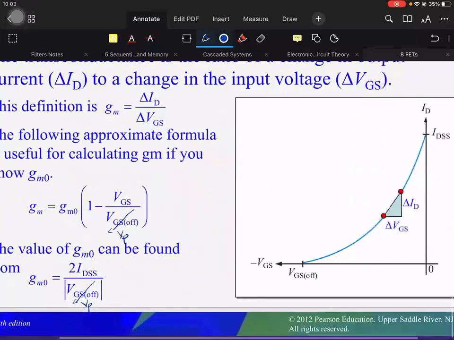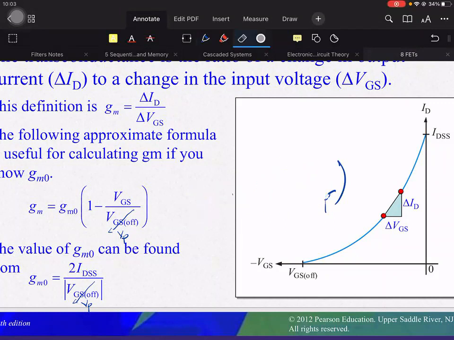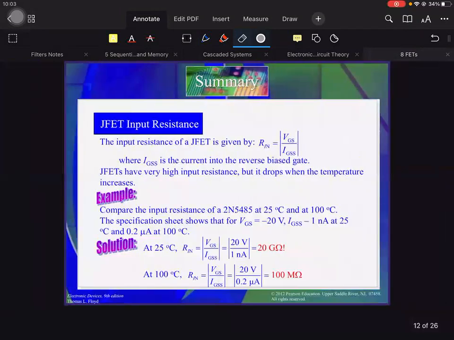So to synthesize, GM is equal to 2 IDSS over the absolute value of VP, times 1 minus VGS over VP. Given that, by this time, VGS is solved, GM is obtainable. Transconductance. Okay.